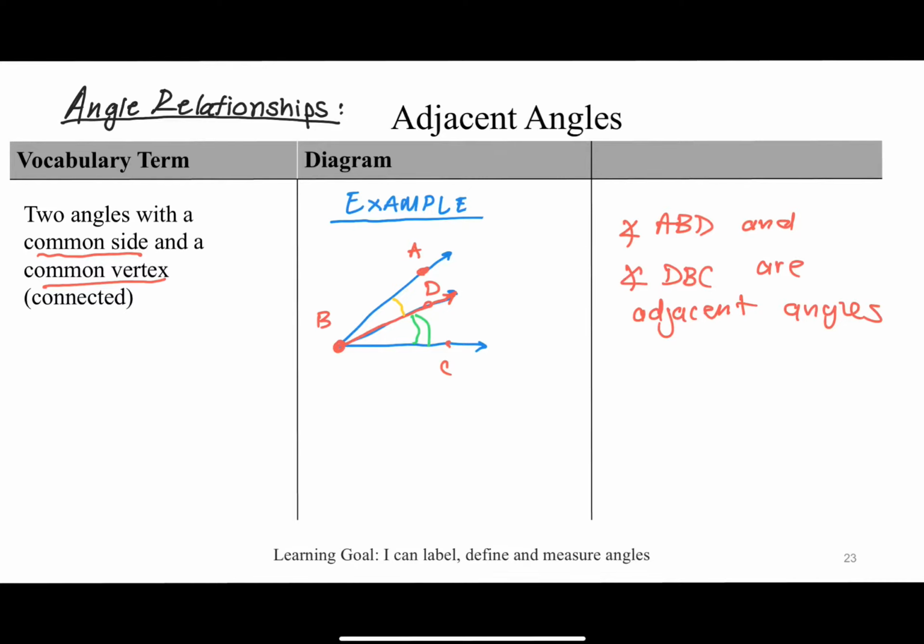And I can go ahead and create another example of adjacent angles. For example, the angles that are formed here, you can see one of them is an acute angle, the other side contains an obtuse angle, but once again, these two share a common vertex and a common side, so therefore that is considered adjacent angles.